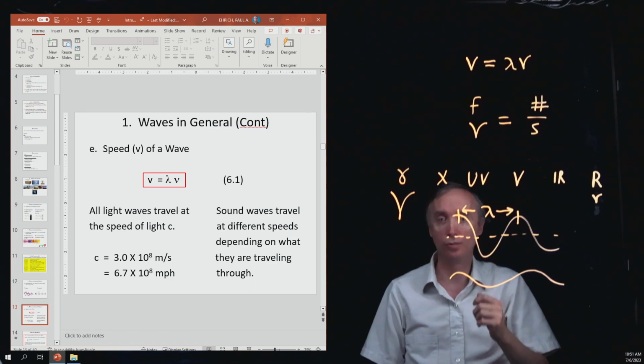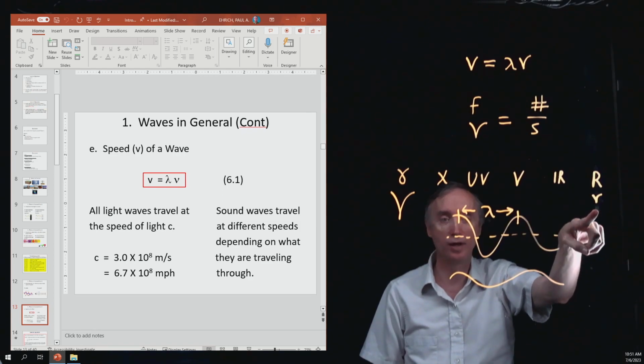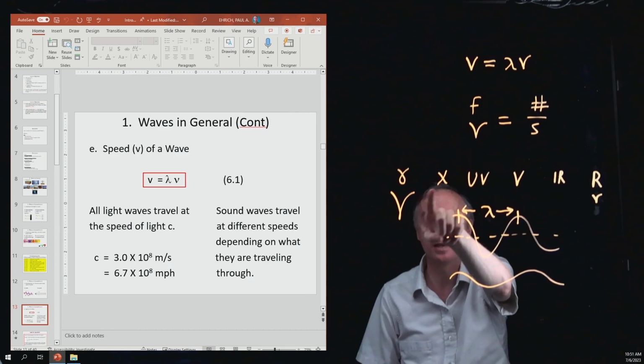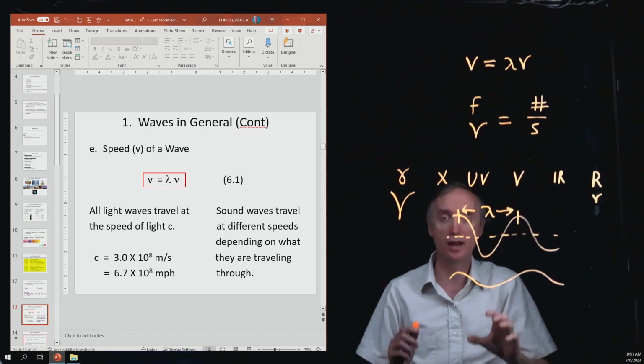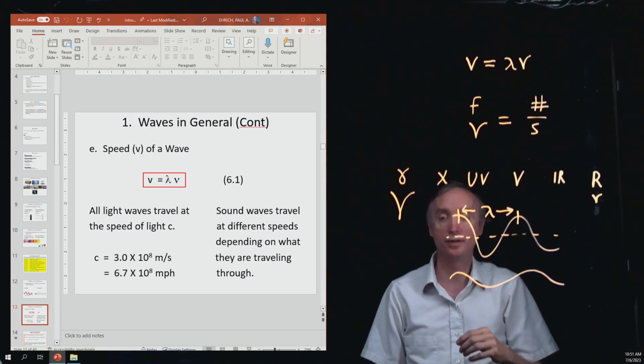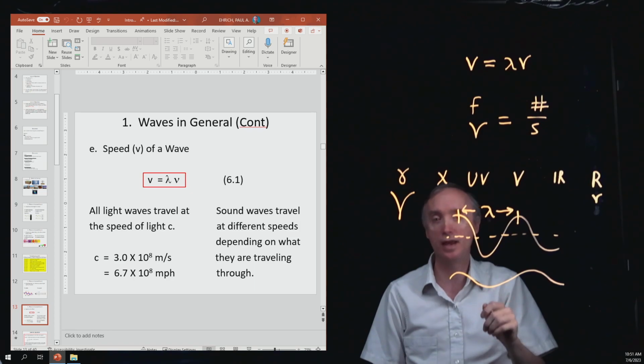All light waves travel at the same speed. So a radio wave travels at the same speed as a gamma ray, as an X-ray, as visible light. They all travel at the speed of light. And the speed of light is 3 times 10 to the 8th meters per second.